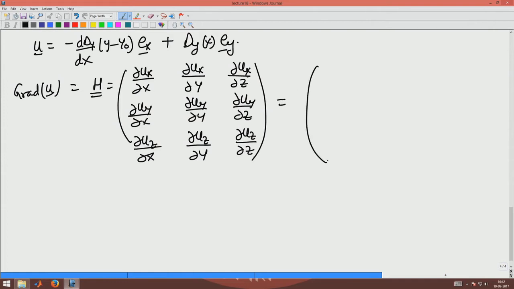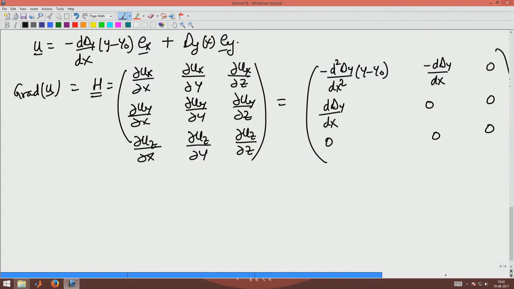This for the assumed displacement field would be minus d square delta y by dx square into (y minus y naught), minus d delta y by dx, 0, d delta y by dx, 0, 0, 0, 0, 0.